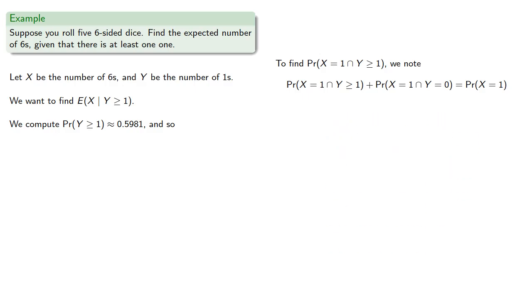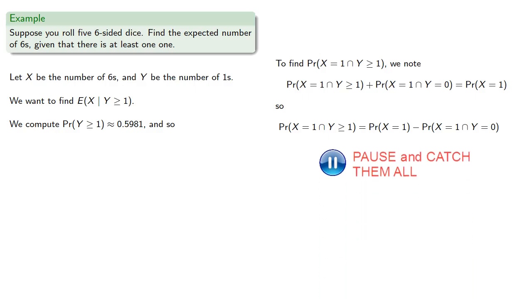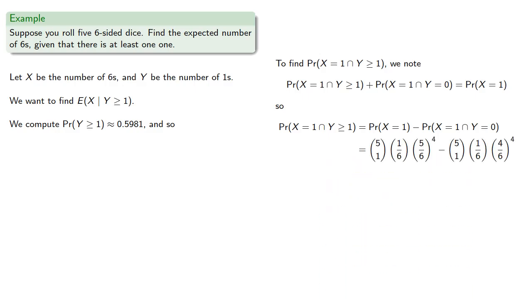And so that says that the conjunction will be, and we can compute that, and so our conditional probability is.